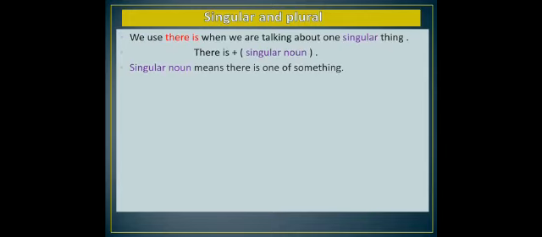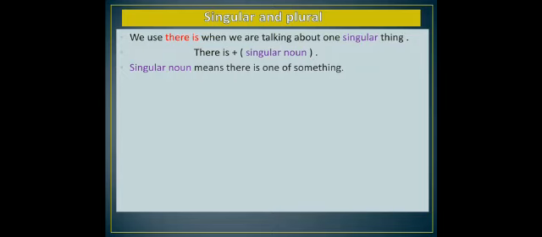But before we start studying there is and there are, we're going to see the difference between singular and plural. We use there is when we are talking about one singular thing. There is, and after it, we are going to use a singular noun.